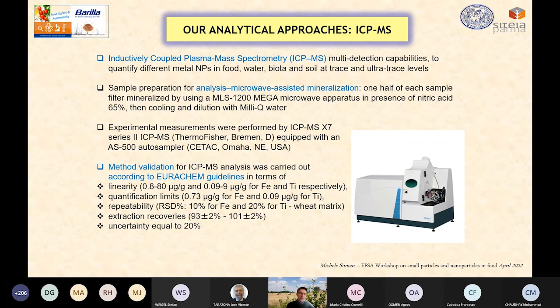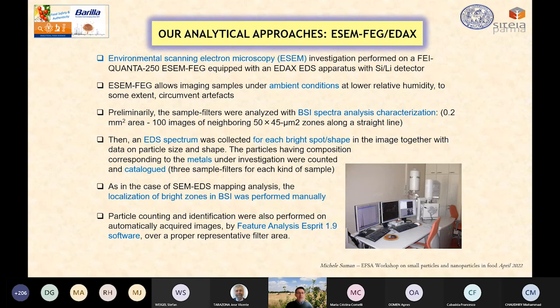So this practically divided the polycarbonate filters in two parts, with half of the filter dedicated to this ICP-MS analysis, and the other half dedicated to the correspondent investigation by ISM, FEG, EDAX analysis.